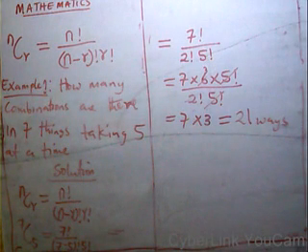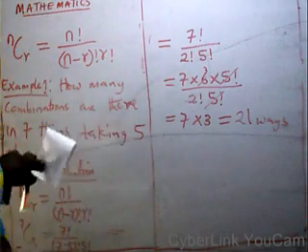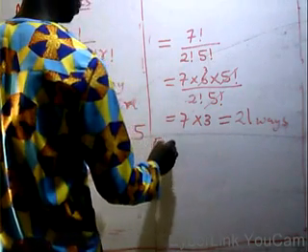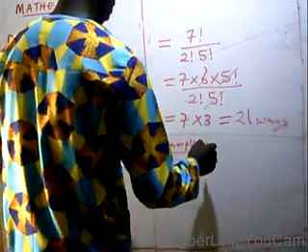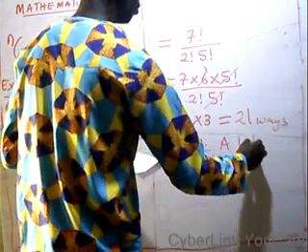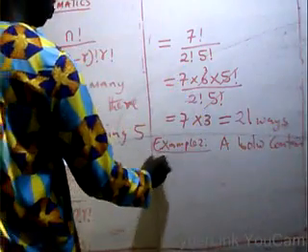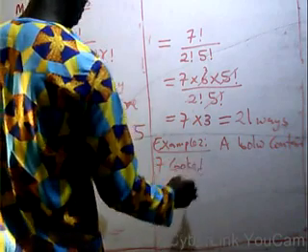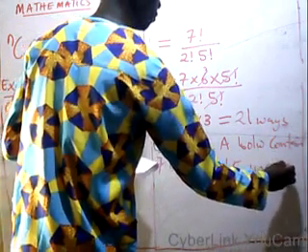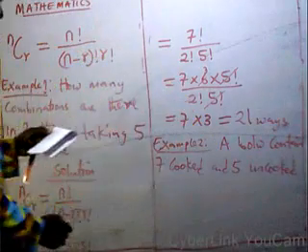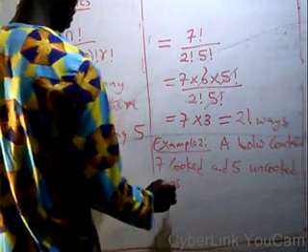Very clear. Another example, which I will call Example 2. A bowl contains 7 cooked and 5 uncooked eggs.